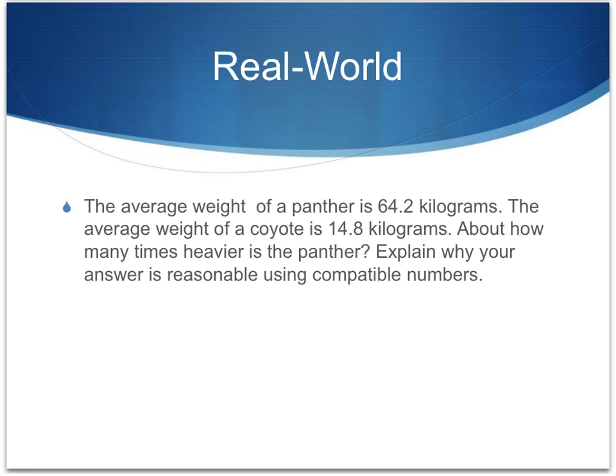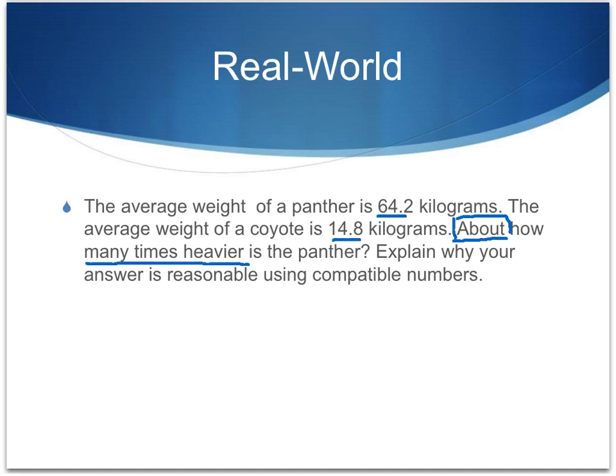The first thing I do is take a look at important information: the weight of the panther, the weight of the coyote, and then I see this word about, which tells me I'm going to estimate. I don't care about an exact answer, I just want to be close. And then how many times heavier? Those are three words that imply they want a division sentence here.